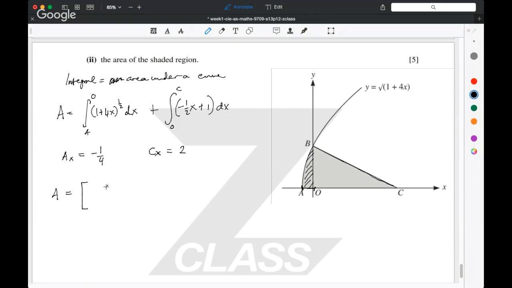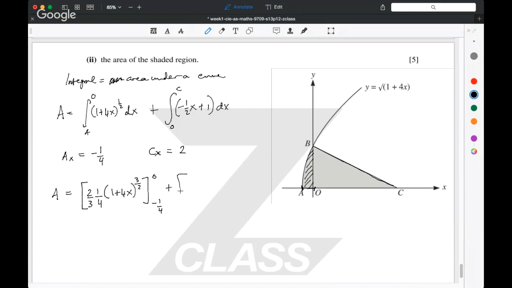But we know this is going to be something of the form (1 plus 4x) to the 3/2, because 3/2 would turn to 1/2 when we differentiated it. But then we have to multiply by 2/3 to account for the fact that 3/2 would come down. And then we have to divide by 4 as well to account for the fact that a 4 would come out. And we're integrating this between minus 1/4 and 0.